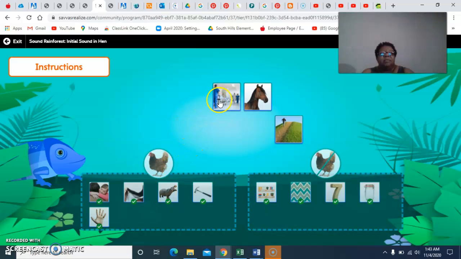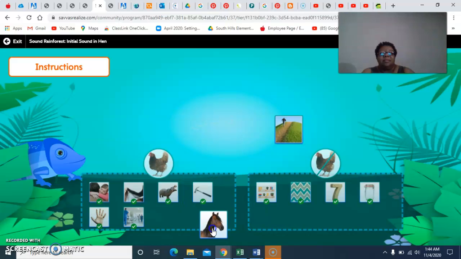Let's see what this one is. Hospital, hospital. Oh, almost put it in the wrong spot. Horse, horse. It starts with the same sound as in hen.